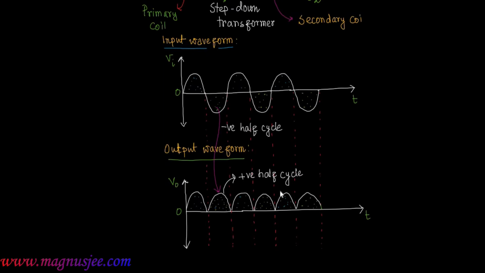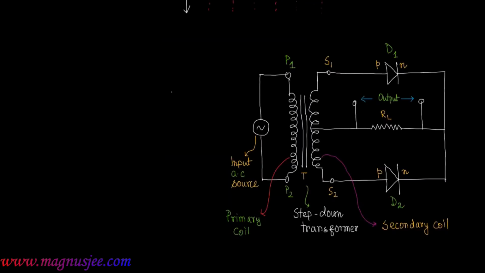But the positive half cycle remains a positive half cycle at the output. Now we can explain in what way the positive half cycle remains positive, and in what way the negative half cycle is converted into a positive half cycle.